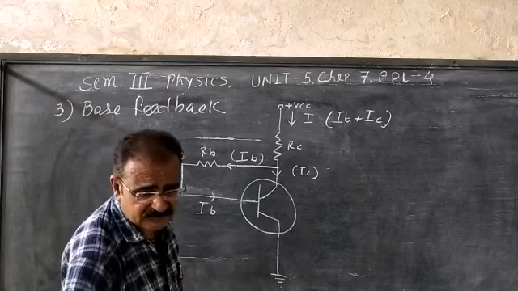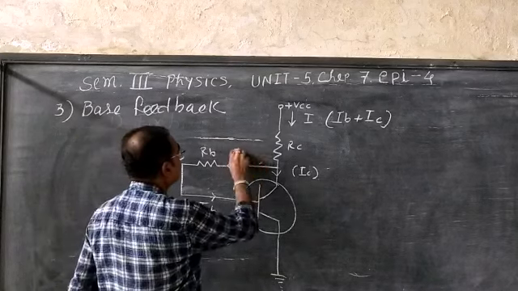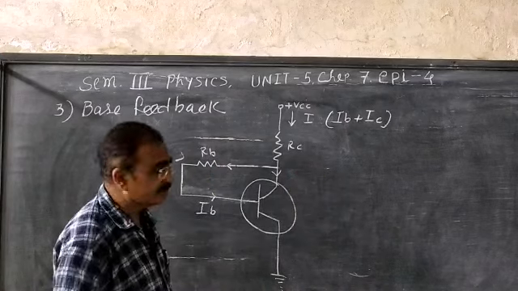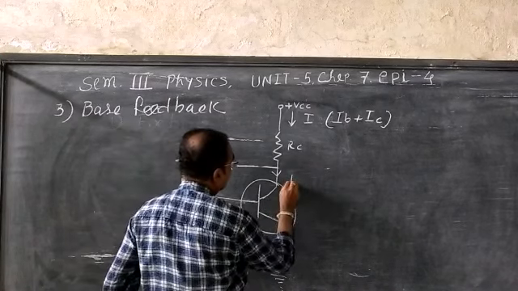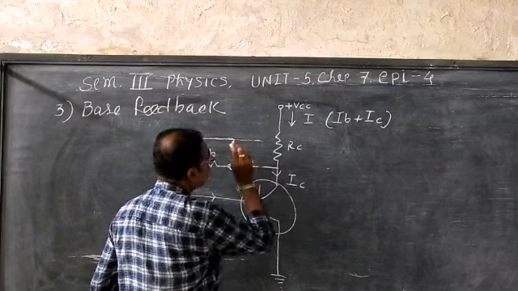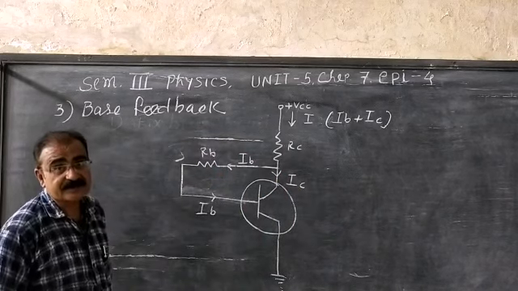Now I remove the bracket and mention only IC, and this is IB. Okay, isn't it clear?